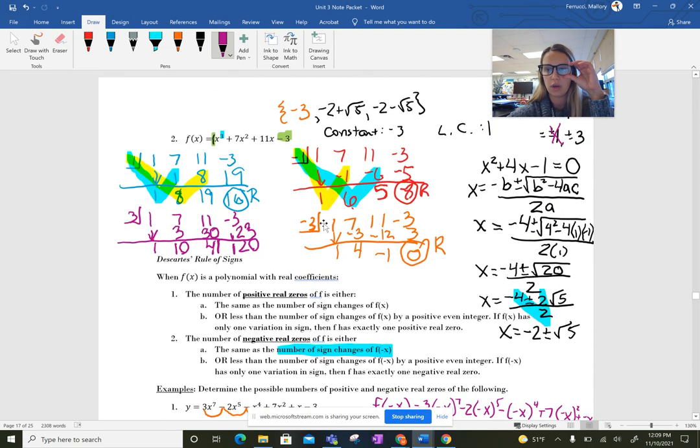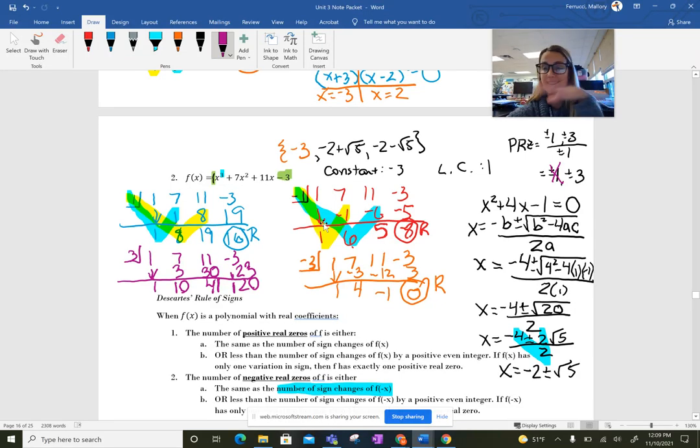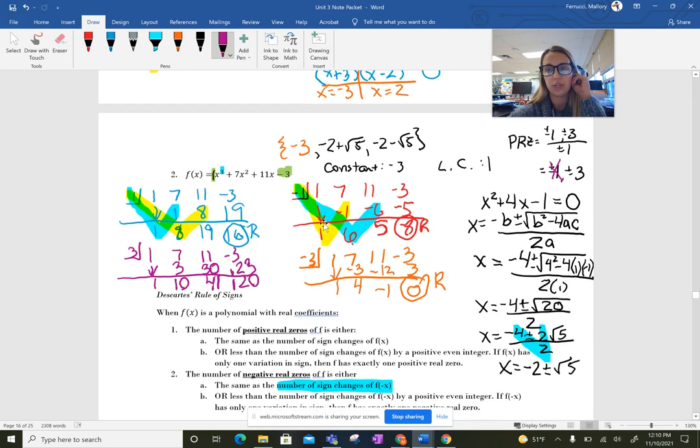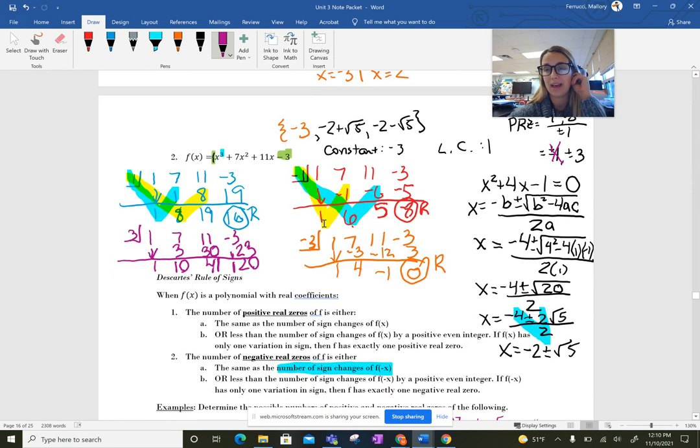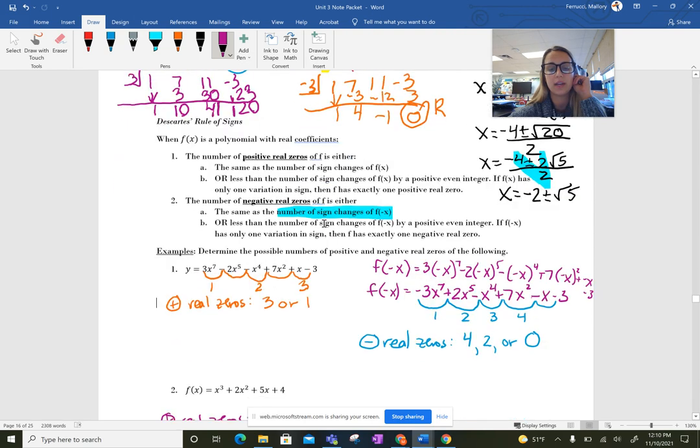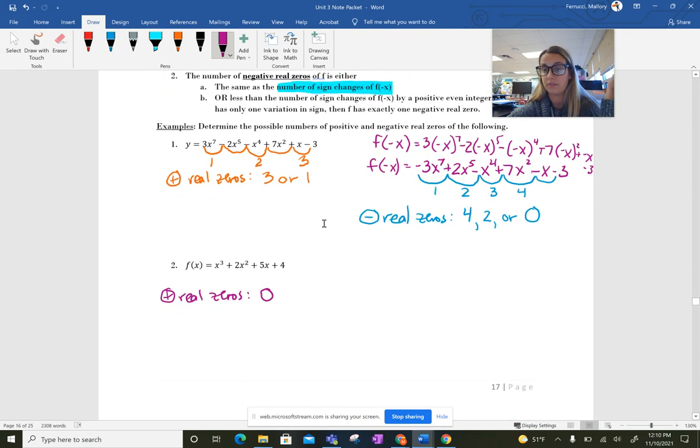When we do those, you wouldn't check any of the positives. You just check all negative ones. So this rule helps you eliminate some of the possible rationals that you might have to check. Okay, because if there's no positive ones, then don't check the positives.